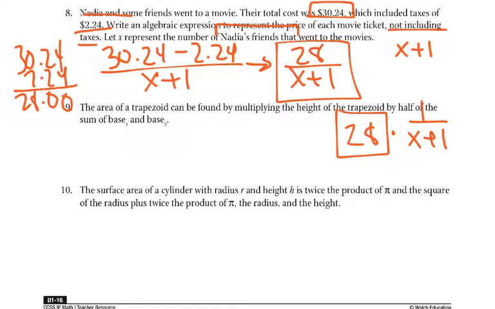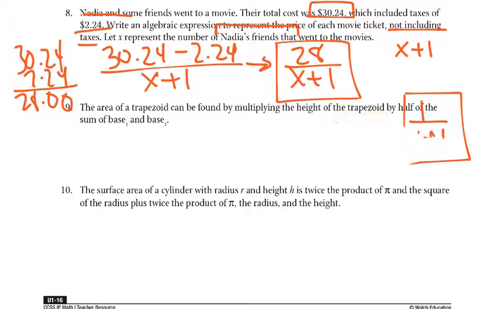It would also make 28 and 1 over x plus 1 factors. Okay, and we don't have any constants. So I don't really like splitting it up like that. I honestly would leave it like this and just use that one. Okay, but to find the coefficient and the factors, we would have to split them up. But I prefer it this way, and then just saying we've got one term and going from there.